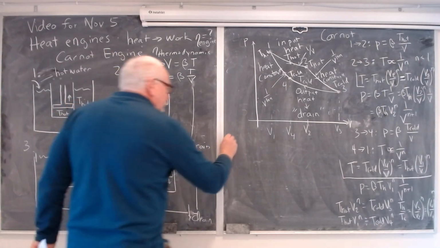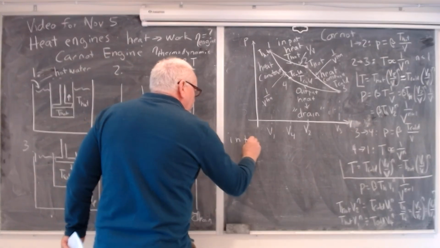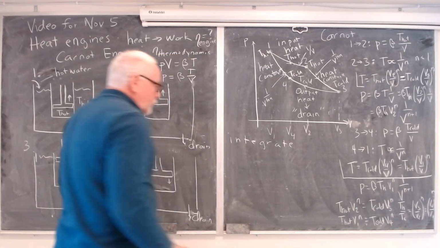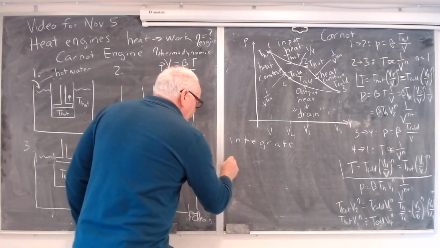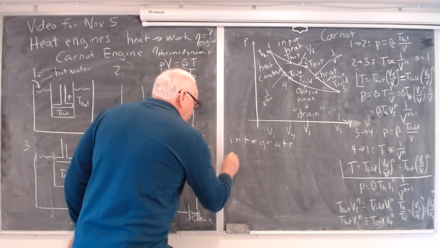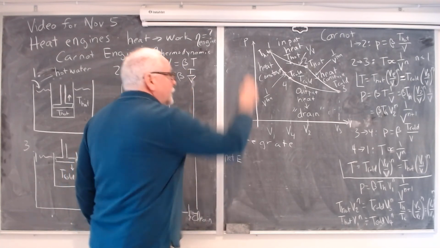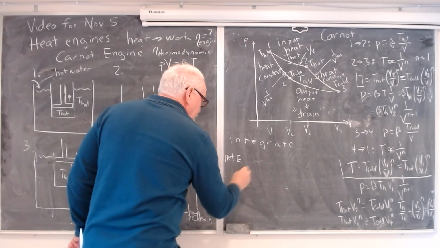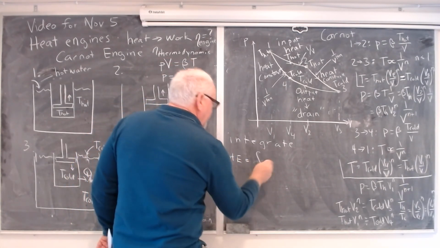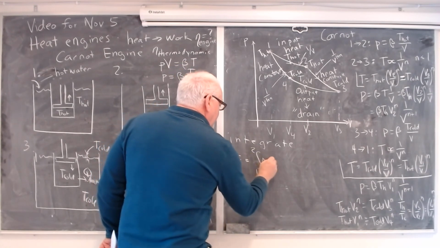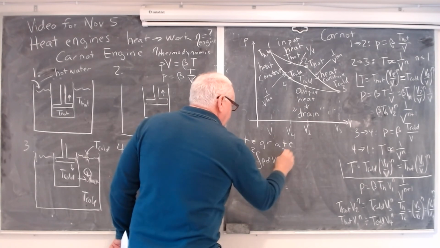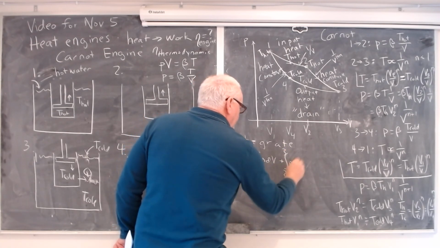Now we integrate. Basically, the net energy over these four intervals is equal to the integral from 1 to 2 of pdV, plus the integral from 2 to 3 of pdV.